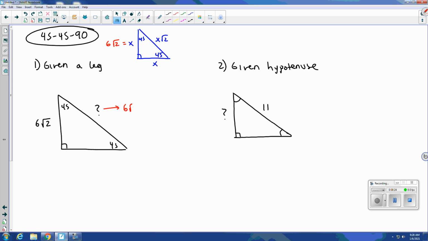So this should be 6 root 2 times root 2, because the special right triangle of a 45, 45, 90 tells me that the hypotenuse should be, what this is interpreted as, the length of a leg times the square root of 2.